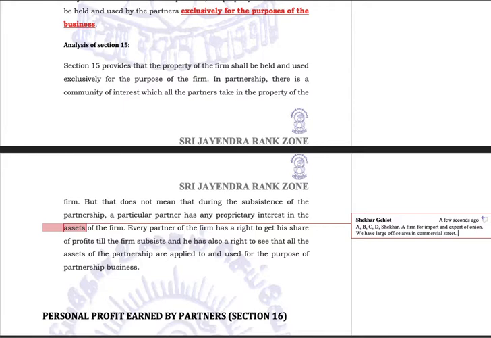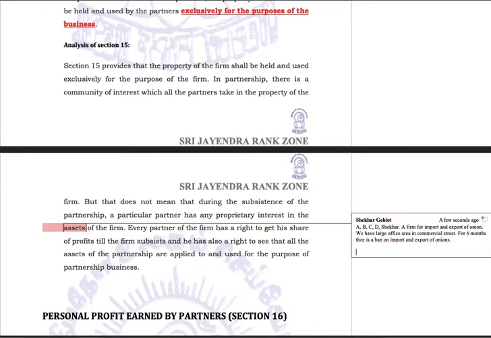But right now, suppose the government has banned the import and export of onions for 6 months. That means for 6 months, the firm is doing no business at all, isn't it? But we have a big office area in a commercial street.